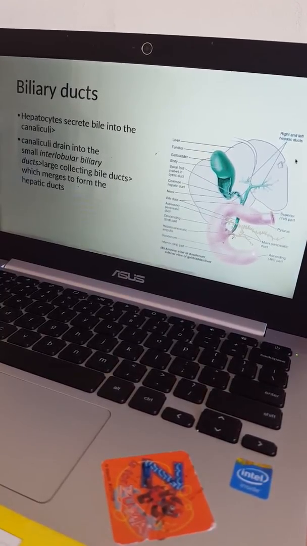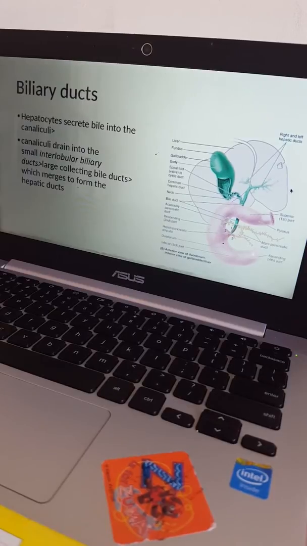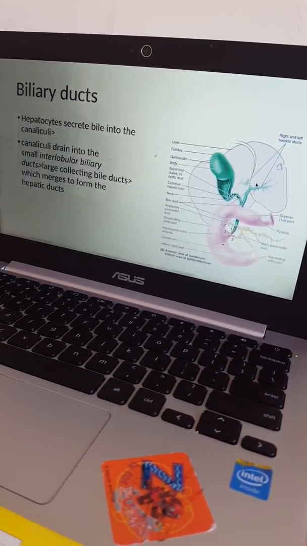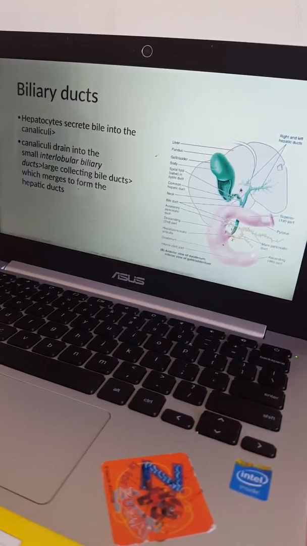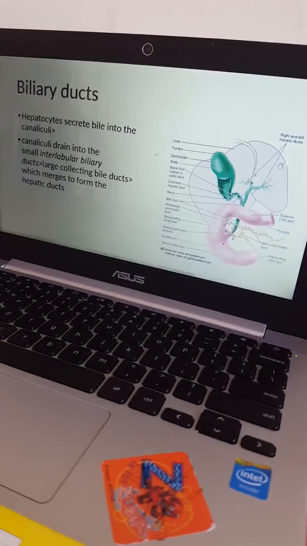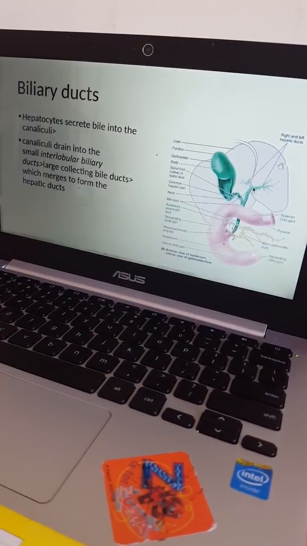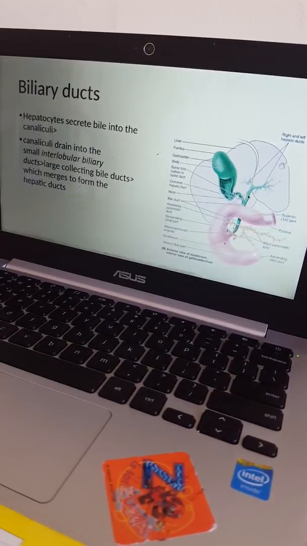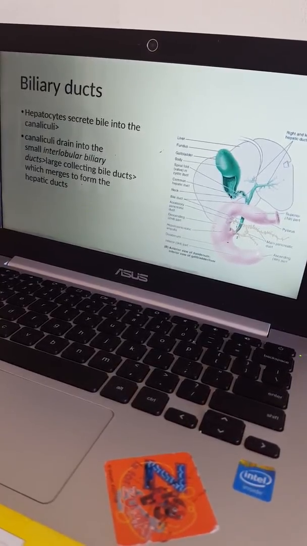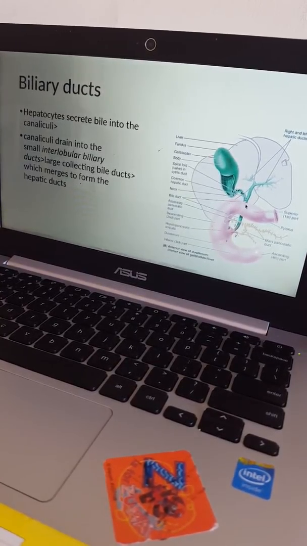Now the right and left hepatic ducts: the right is coming from the right lobe and the left one is coming from the left lobe. They connect to each other, and this is the formation of the bile duct. So basically two hepatic ducts join to form the common hepatic duct, and then the common hepatic duct joins the cystic duct of the gallbladder, and then they form the bile duct.